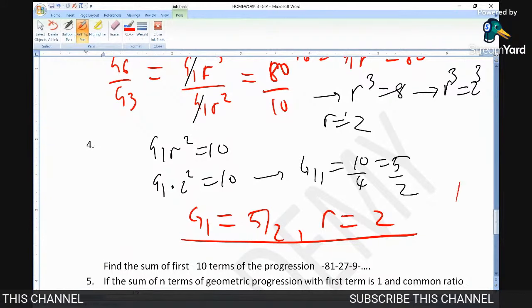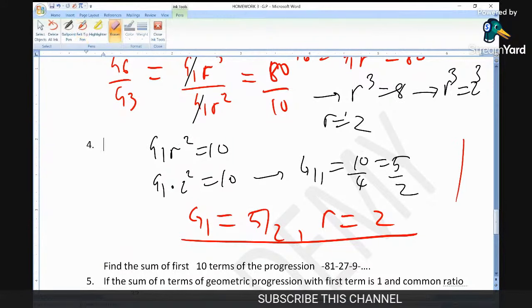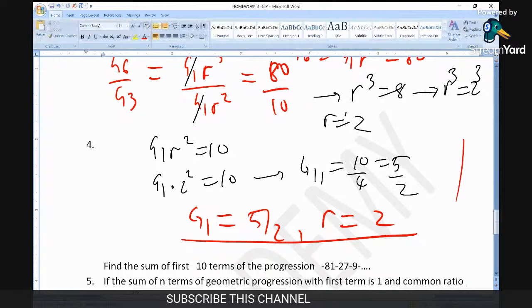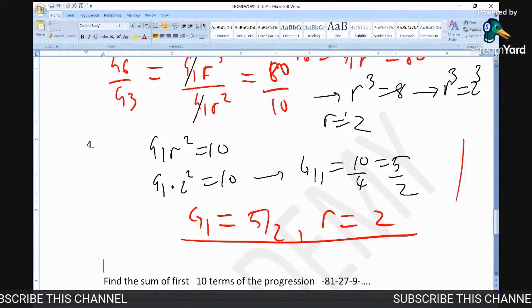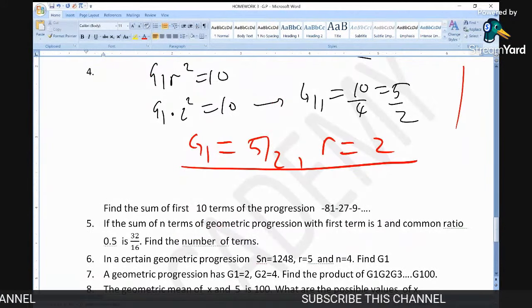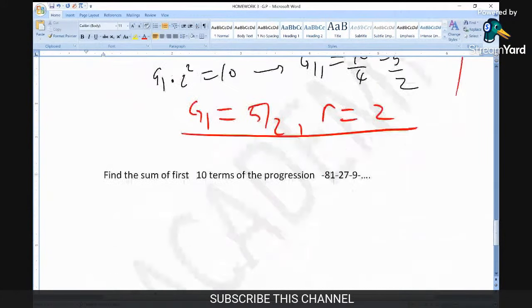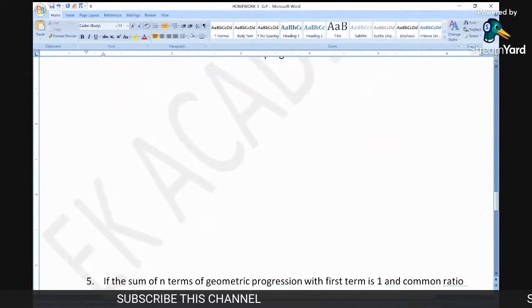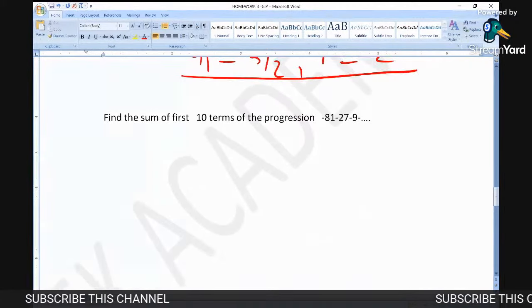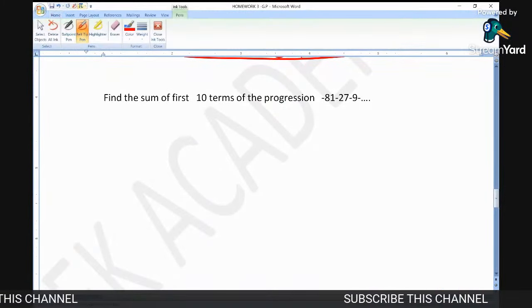Going to the next question. In the next question, we are supposed to find the sum of the first 10 terms of the progression. So again, we have to investigate the series.